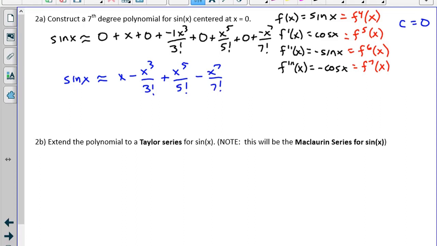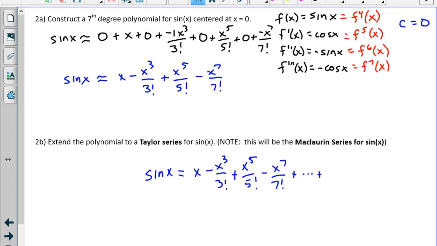We'll extend this to a Taylor series, so sine of x is equal to, within its domain, of course, or within the interval of convergence, my bad. That will be x minus x cubed over 3 factorial plus x to the 5th over 5 factorial minus x to the 7th over 7 factorial. And then we have to figure out what subsequent terms are.